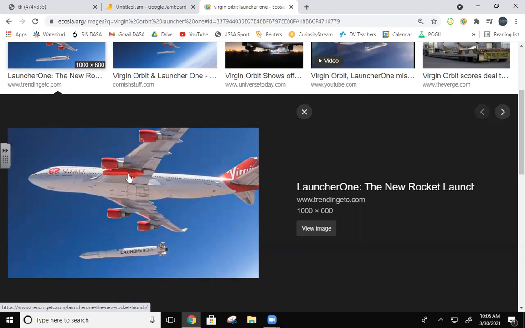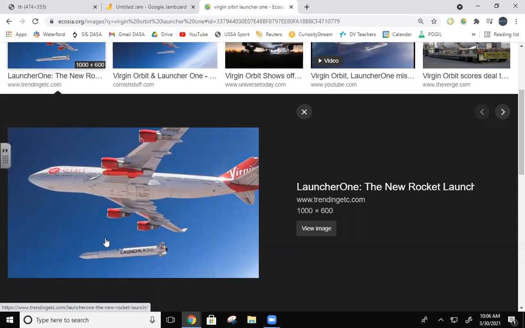Then it drops off, and then it ignites its engine. This is a liquid engine. This uses kerosene as well. We'll talk about hybrid engines in just a second. I think they launched this thing at like 20,000 feet, so it's already going forward and it's already kind of high up.